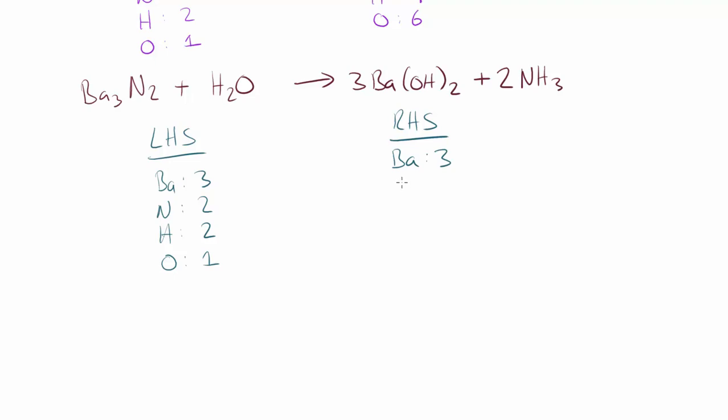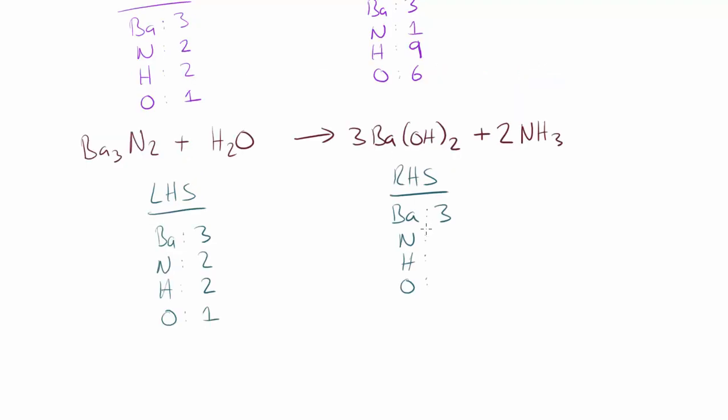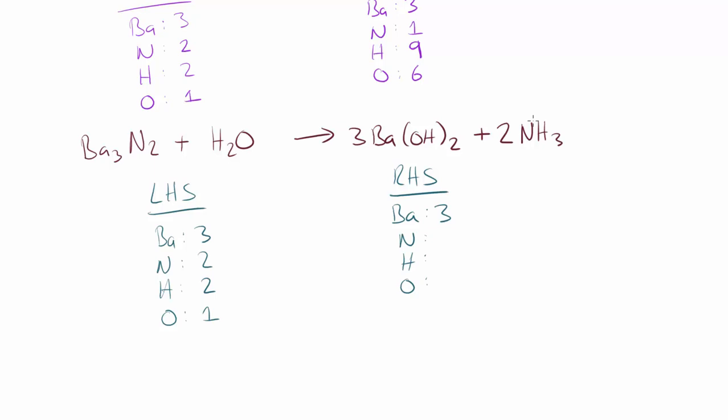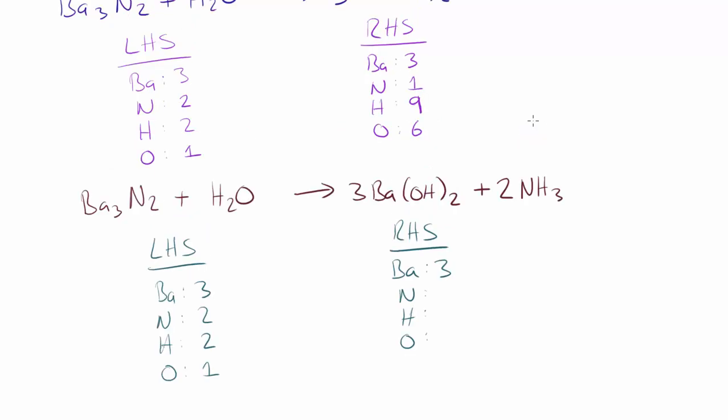I'll get to the oxygen. Let me just draw this out first. In the case of the oxygen, oxygen occurs only in the barium hydroxide. It doesn't occur in the ammonia, so because of that, it also doesn't change. It's going to be 6, right?